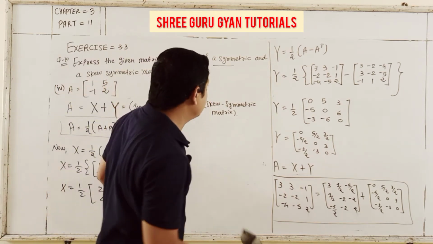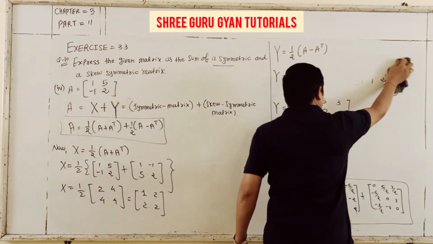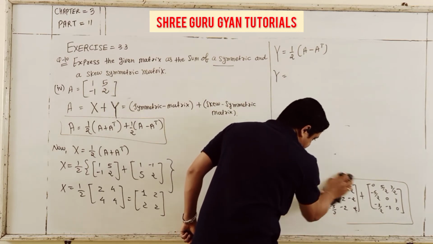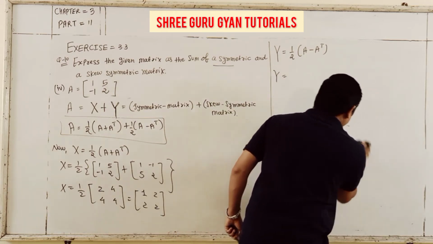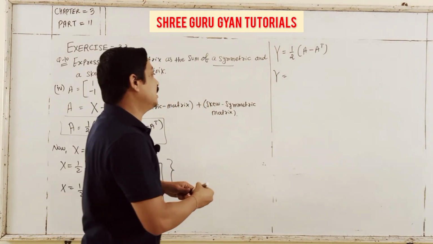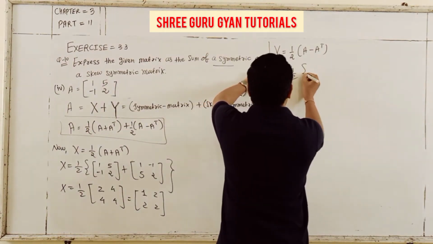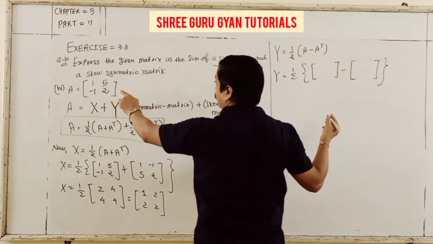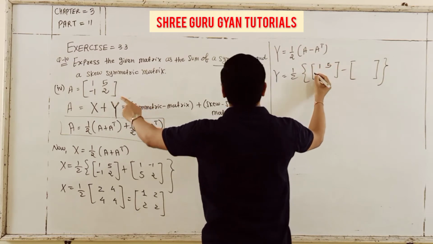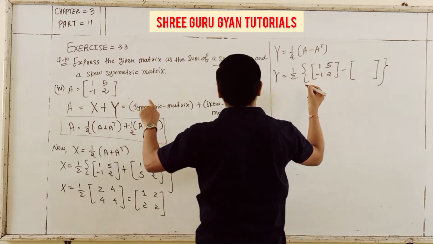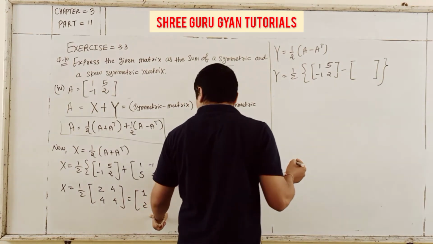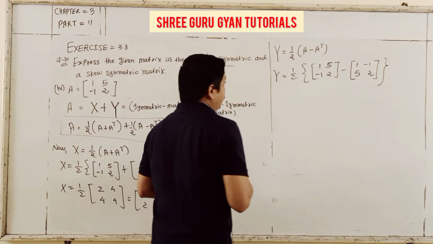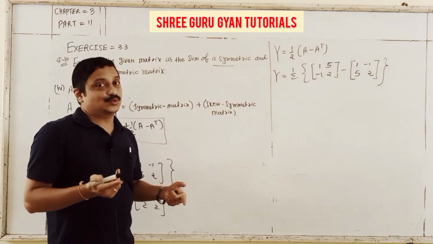Now I will go to my second part, the skew symmetric. Y becomes half of A minus A transpose, subtracted from A. So my half is the same. Here A matrix minus A transpose matrix. A I have 1 5 minus 1 2, and A transpose becomes the same, taking 1 5 minus 1 2, row to column change.